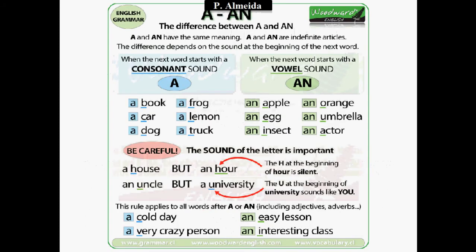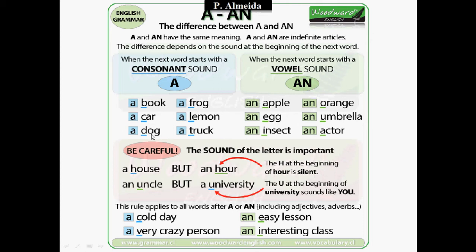Okay, so this particular picture here actually is not mine, so all the rest is mine, but this one I just took from the internet because I wanted to have a picture that you could print if you want to. So this is the whole summary of everything. When the word starts with a consonant sound, you use A. When the next word starts with a vowel sound, you use AN.